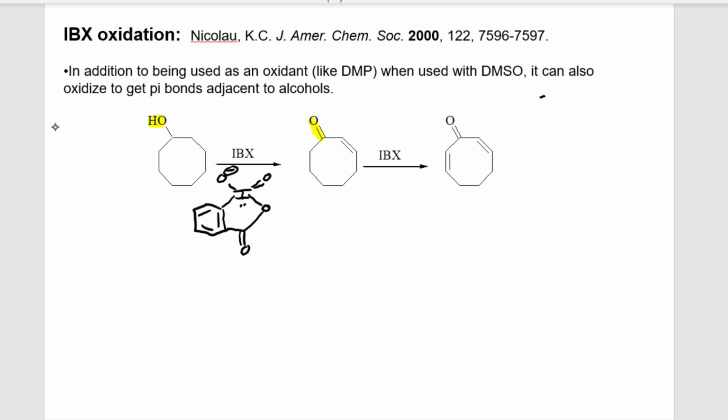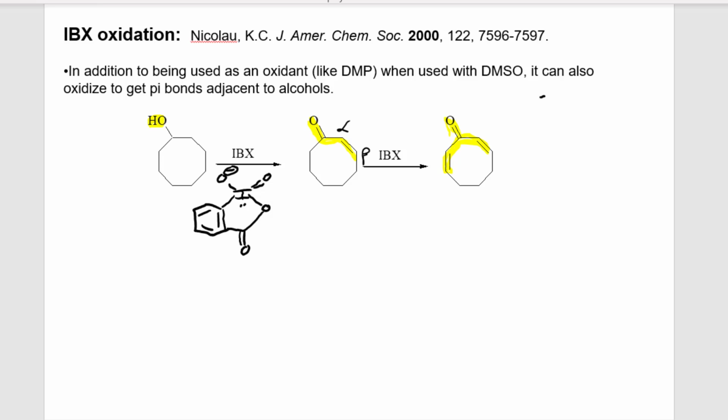And then what I'm going to show you is how this ketone can then be further oxidized to form an alpha beta unsaturated carbonyl, and then you can do it again. So if you have the means, you can just in one pot oxidize from an alcohol all the way to the alpha beta unsaturated system.